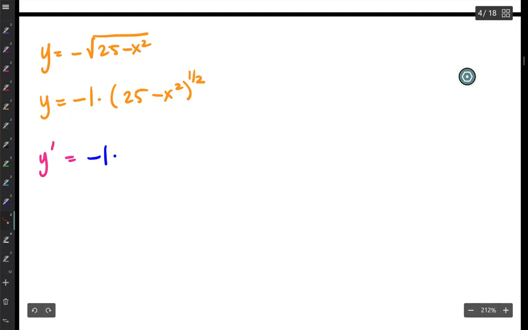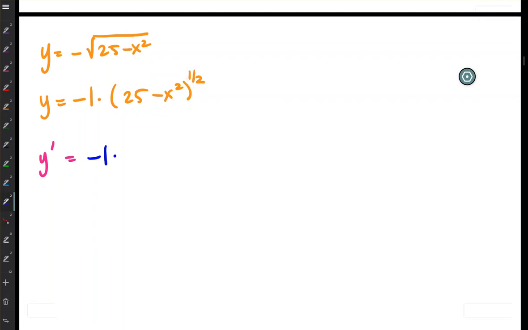Feel free to do some scratch work off to the side, but I'm going to jump in and do chain rule right away. When I look at this, I see one function of x, 25 minus x squared, composed with another function, x to the 1/2 power, square rooting. So I'm going to use chain rule.